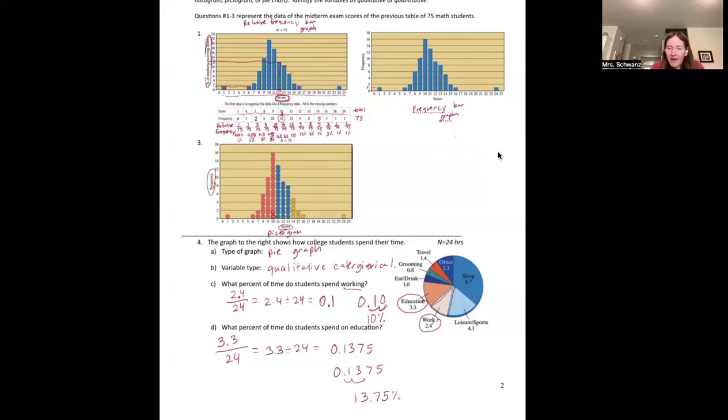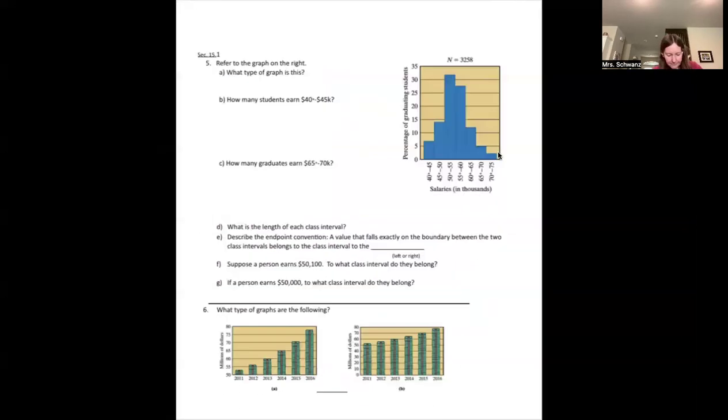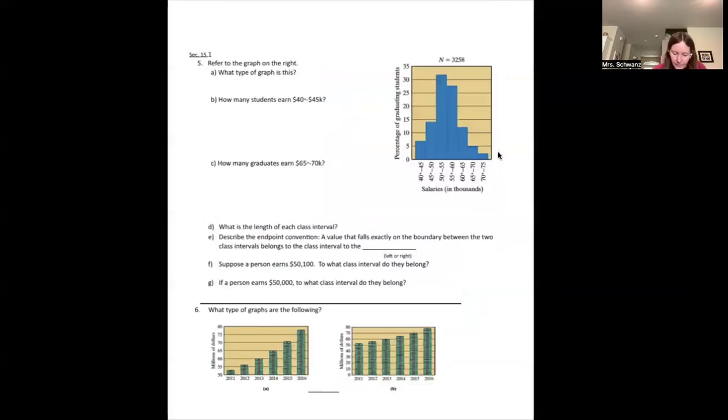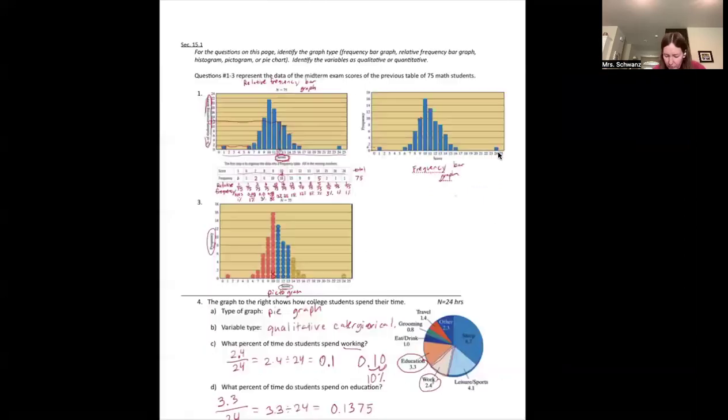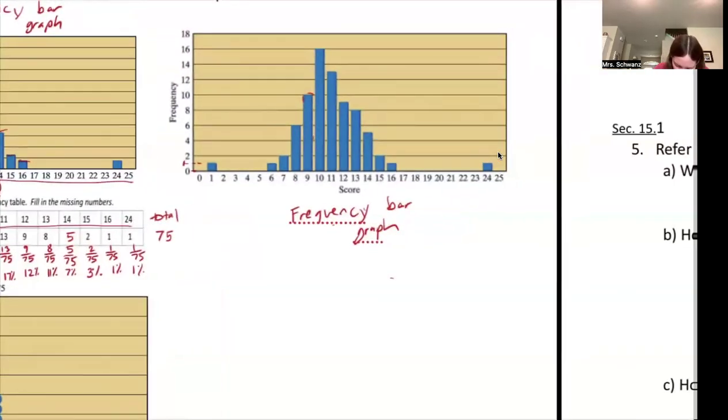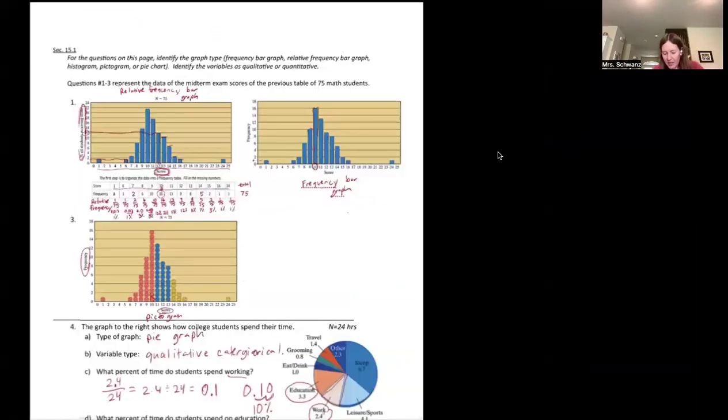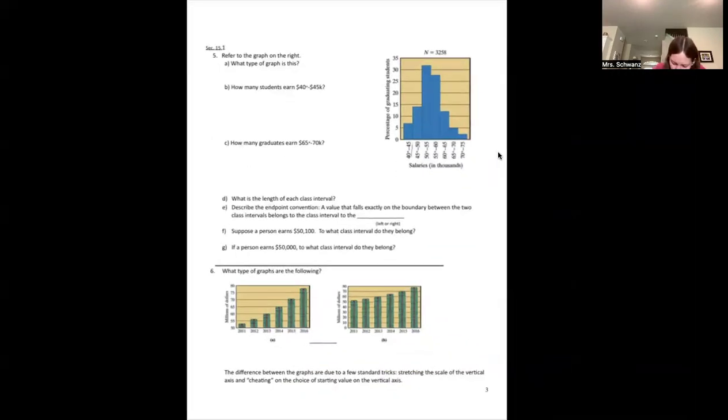That's your pie graph. The next graph, they want us to look at this graph and answer some of the questions. They say, refer to the graph at the right. Now this one, notice how instead of putting a single number below each rectangle, they are putting a range of numbers under the rectangles.